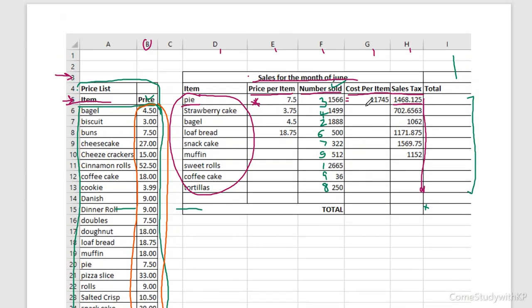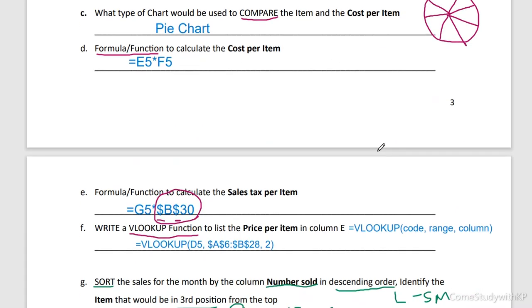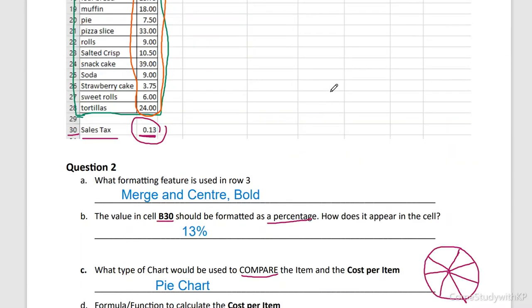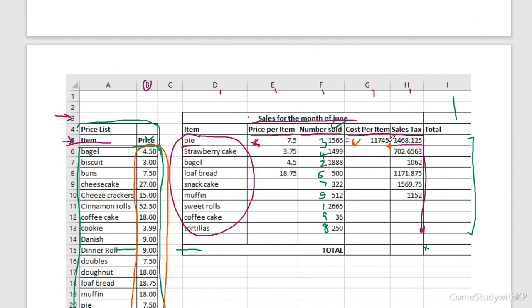G5 would be here. If we copy the formula using the plus sign here, we're going to copy it to G6 and bring it down to G13.